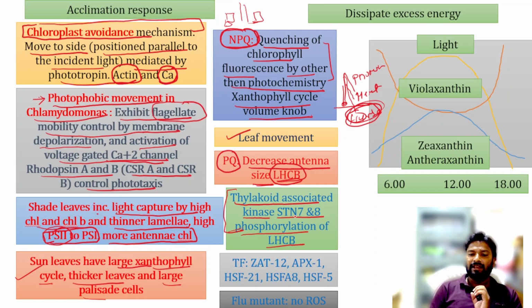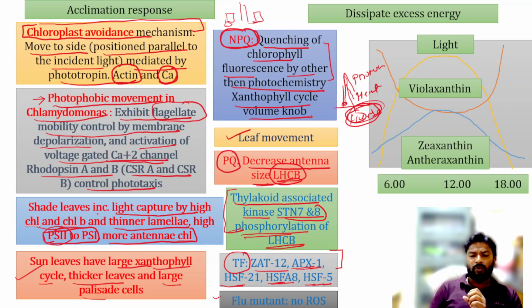An increase in STN7 and STN8 will increase the phosphorylation of LHCII, which will decrease the antenna size. Also, there are some transcription factors like JA-related factors, APX1, which is an antioxidant, and heat shock factors like HSFA. These transcription factors also have an important role in the mitigation of, or acclimatization to, high light stress.